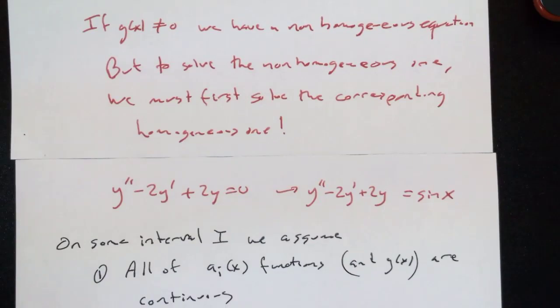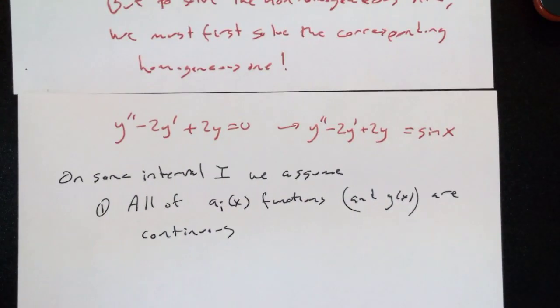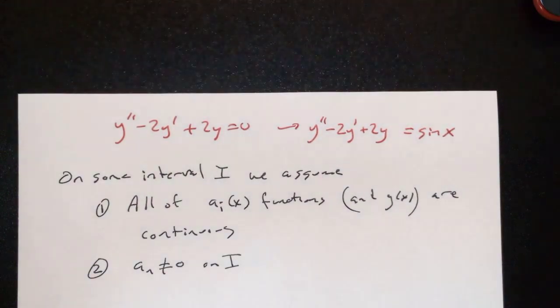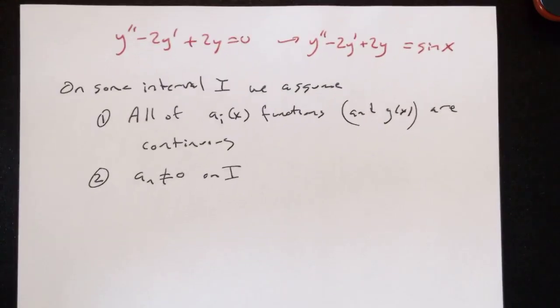If that g of x is 0, I'm not really worried about it for right now, but in general, I want to do that. And that my leading coefficient function is not 0. If I don't have these, we're screwed.